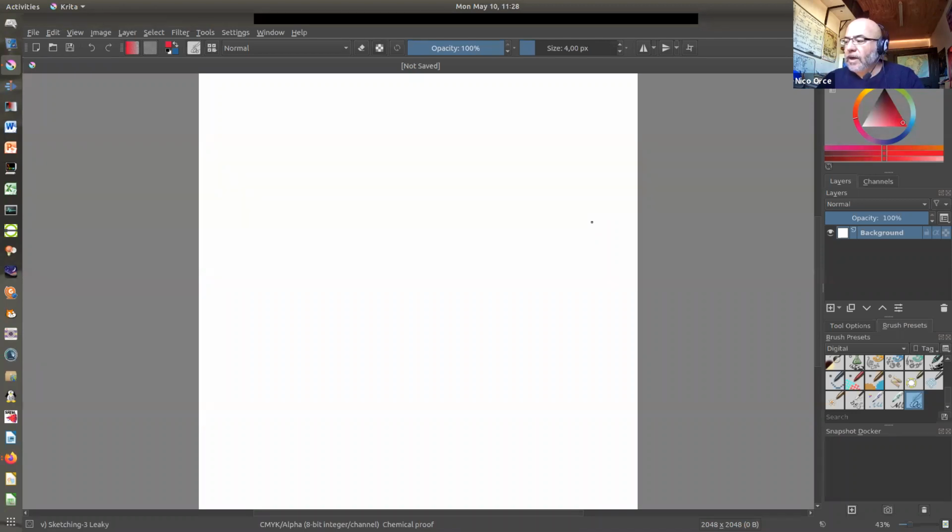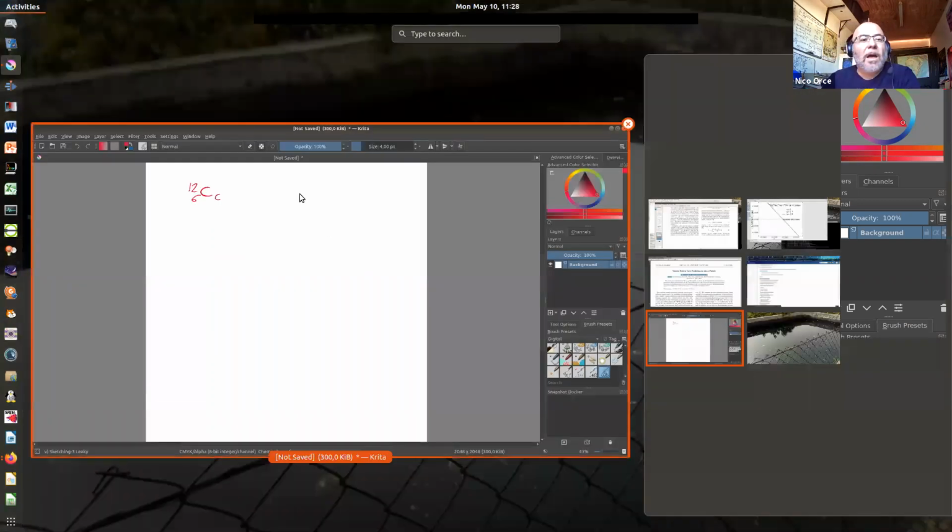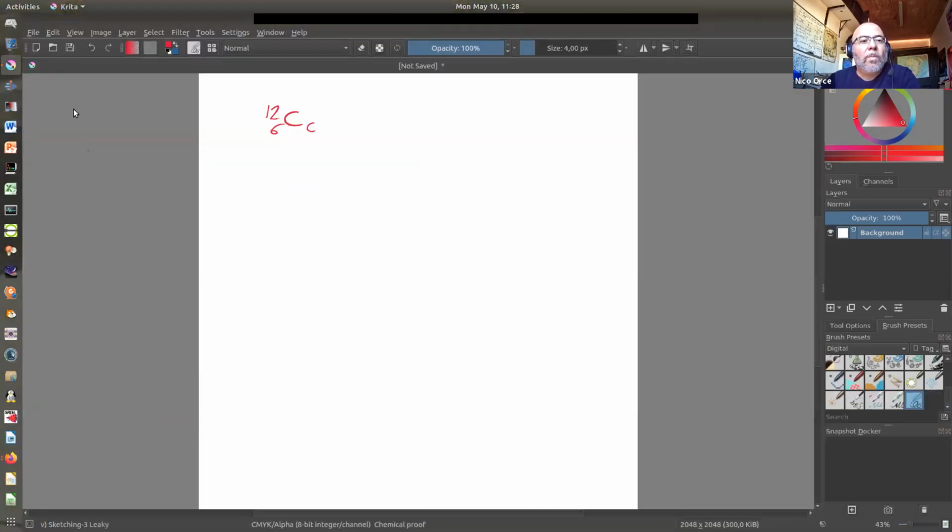So I assume everything is okay, but I just wanted to tell you that when we talk about carbon-12, this means that we have 6 protons and 6 neutrons here. Normally this is A, which we call the mass number.